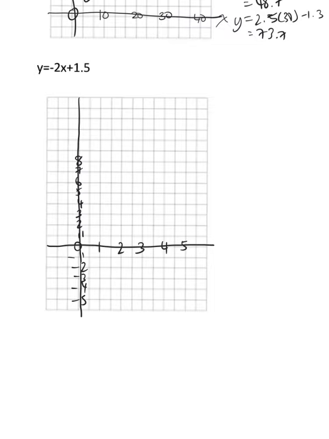Okay, and then maybe some negative numbers here. So this will be -1. Okay, so I have my graph. Now I need to plot the points without doing the table of values.